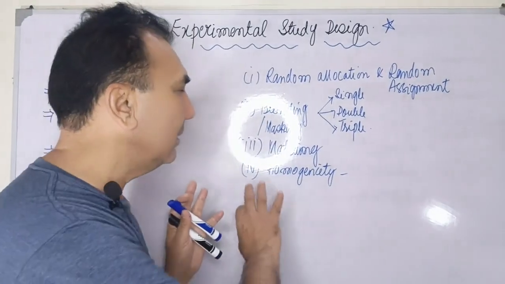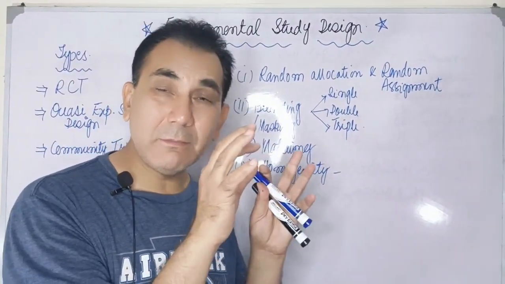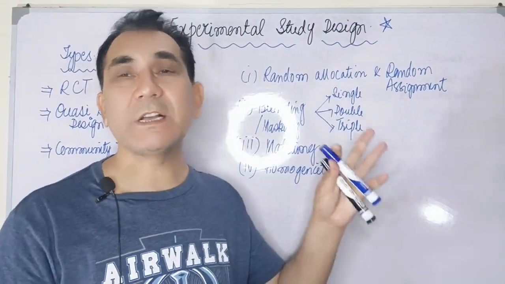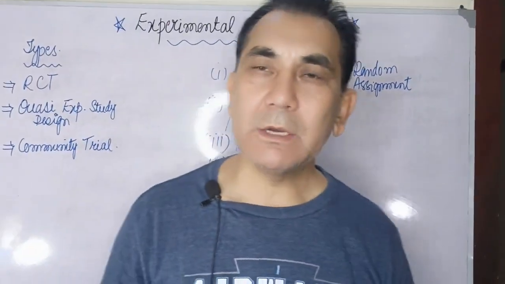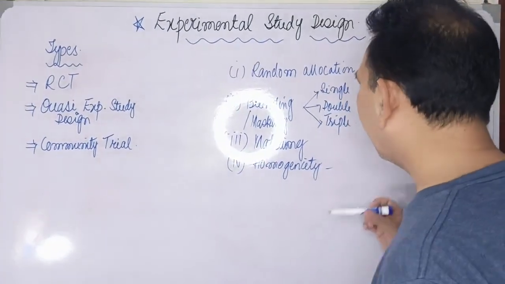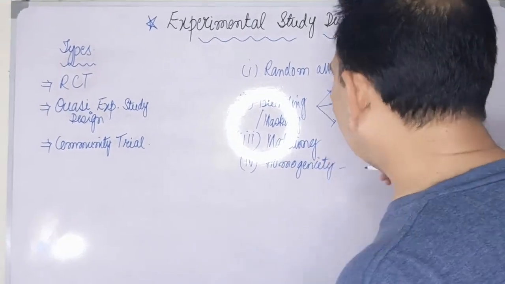So these are the characteristics. Both groups should be homogeneous among themselves within the group. So this is the key feature.